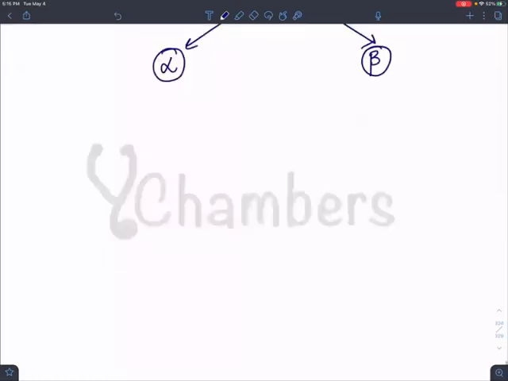Alpha is further divided into alpha 1 and alpha 2.